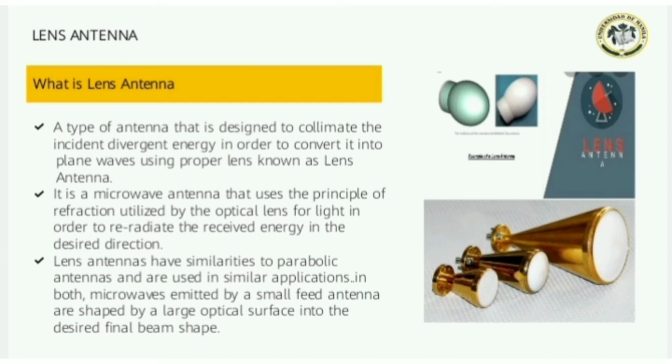They are used as collimating elements in high-gain microwave systems, such as satellite antennas, radio telescopes, and millimeter wave radar, and are mounted on the apertures of horn antennas to increase gain.